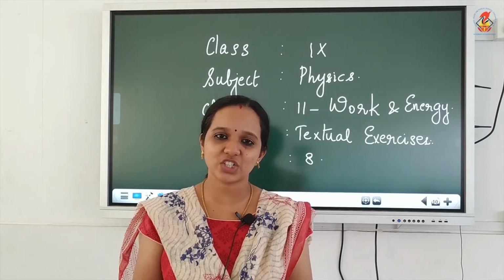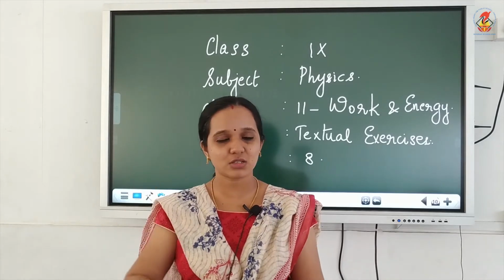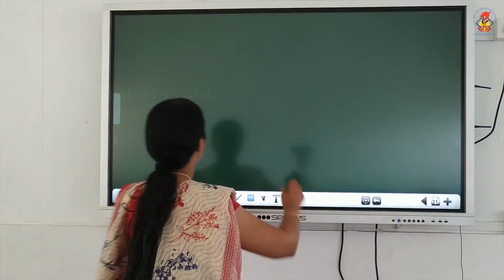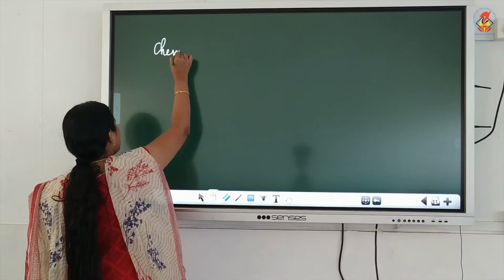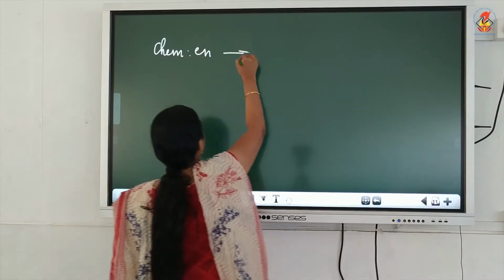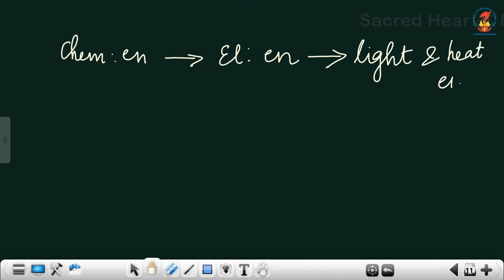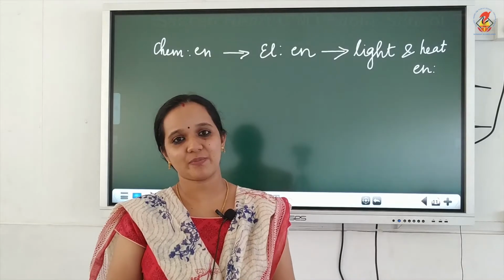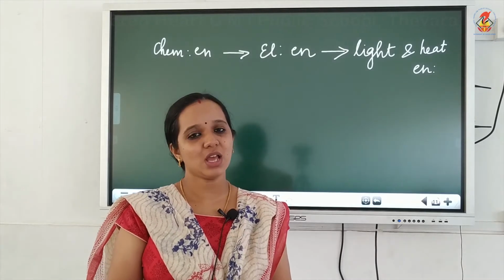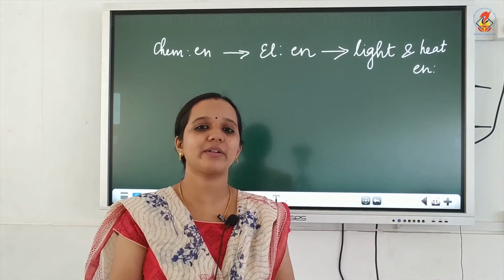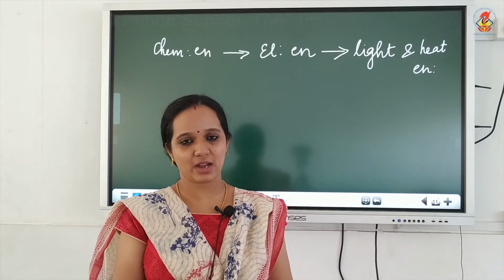So, the energy conversion is chemical energy to electrical energy, which gets converted into light and heat energy. This is the energy conversion that takes place in lighting a bulb using a battery. That is, chemical energy gets converted into electrical energy, again which gets converted into light and heat energy.